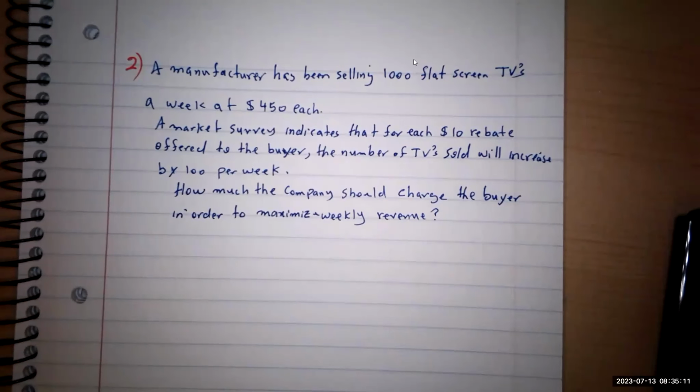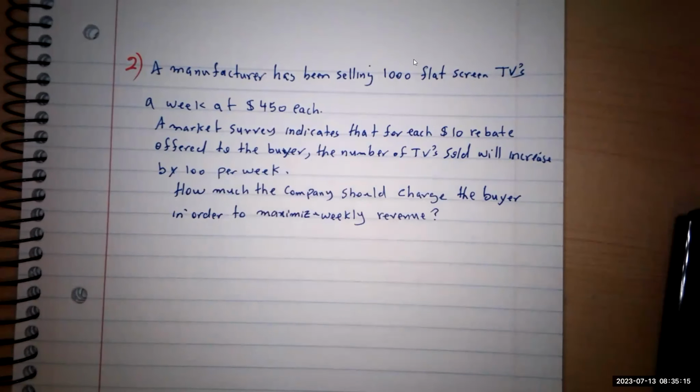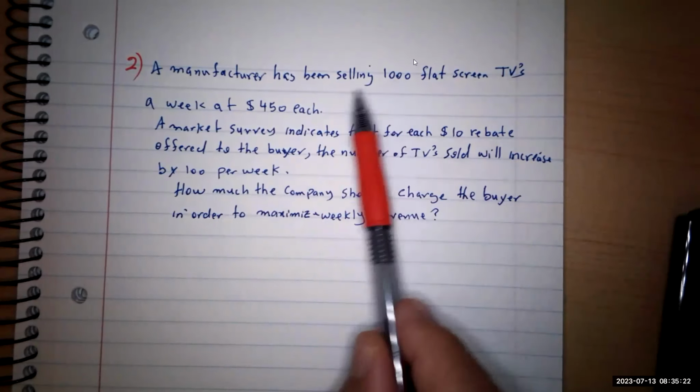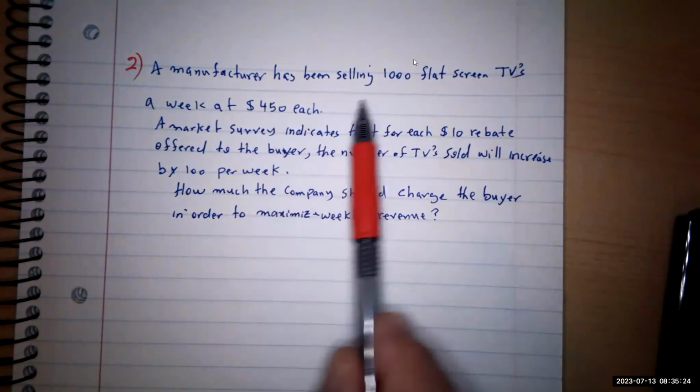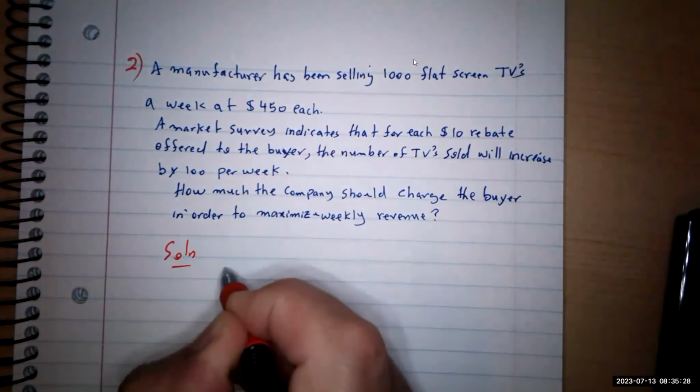So it depends how many times we are going to offer that $10. For this type of problem, originally, as I talked about, the original revenue is 1,000 times 450. I just remind you again, this is how we collect the revenue.